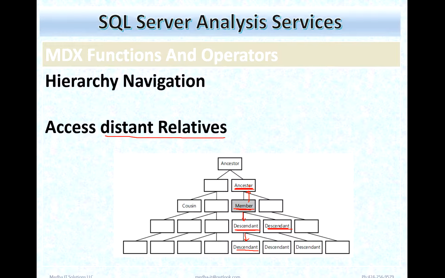So, in MDX you can use the parent function, which refers to the immediate parent, or the ancestor function, which can be used to get a multi-level relationship to get the parent. That means you can get the parent using two approaches: one is using the parent function, or the ancestor function. So, MDX provides two ways to access the parent.